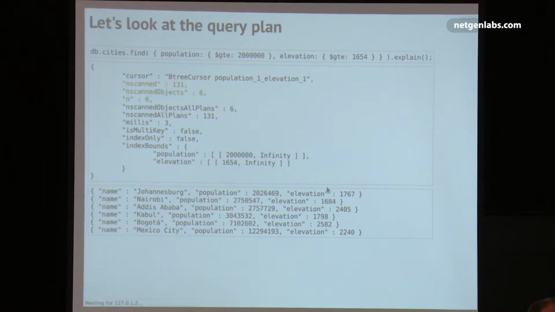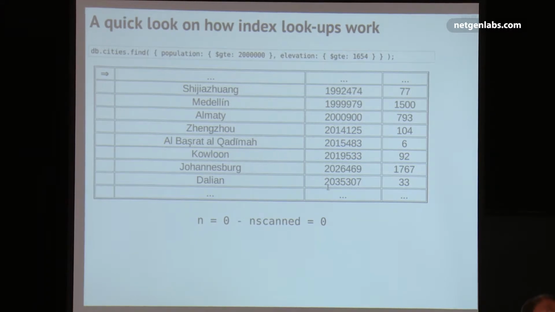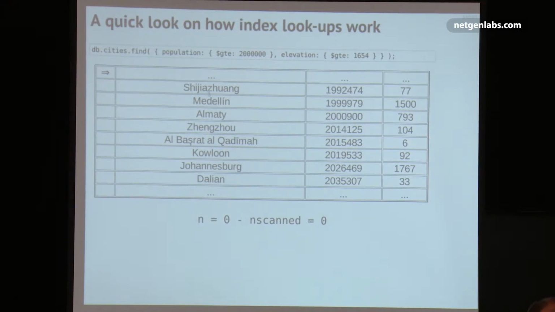So basically how this works is the following. If we have this index and consider these being the values in the index. We have the name, which is not part of the index, but I'm just showing it as an example here. So the index is on first population and secondly on elevation.